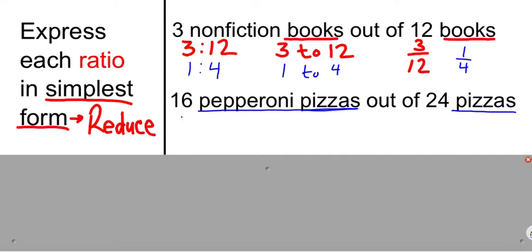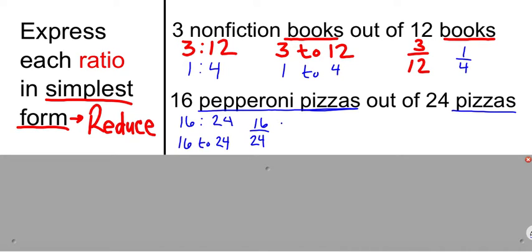Again, I have 16 compared to 24. I have 16 with the word to 24, and I have 16 over 24. However, on a test, I would have to mark that wrong because I need to make sure that I have it in the reduced form.